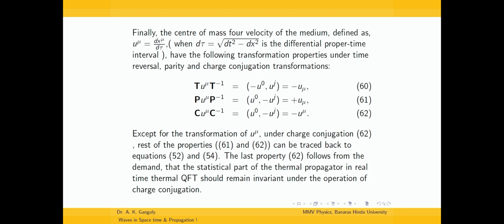So, u mu is dx mu by d tau, which is a proper time interval, and you can see that the 0th component of that is equal to 1 over square root of 1 minus dx by dt whole square. Dx by dt is usually what is called as the velocity. So, if the velocity is equal to 0, the u0 component at rest is equal to 1, and the other components automatically from the definition that we have given in the second line of the slide turn out to be 0.